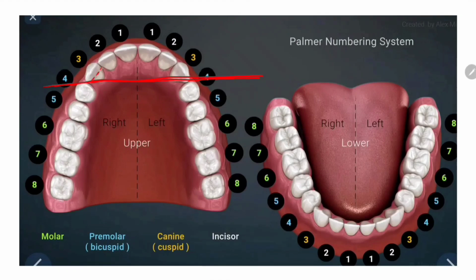Whenever you bisect these anterior teeth through the middle, the contact areas are present at the middle part, so they are equidistant. This one is your facial aspect and this one is your lingual aspect. There is the same distance from the facial aspect and lingual aspect to the contact area. That's why it is called equidistant, meaning equal distance from both sides.